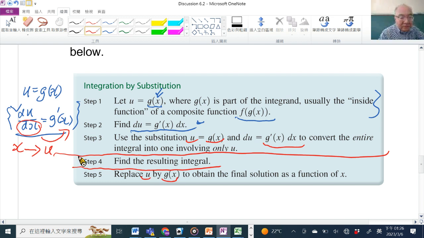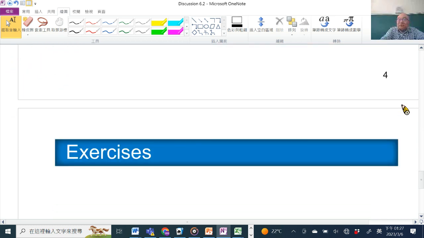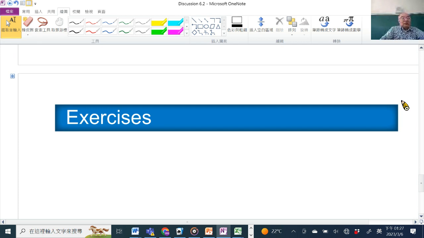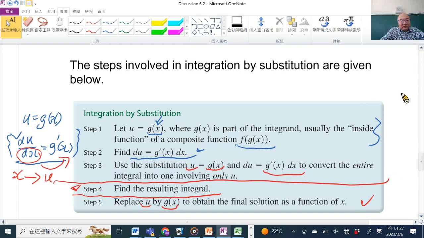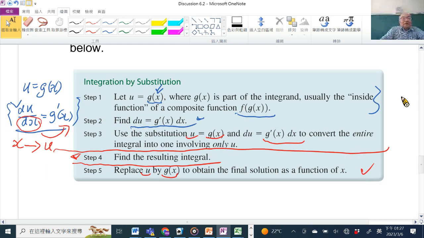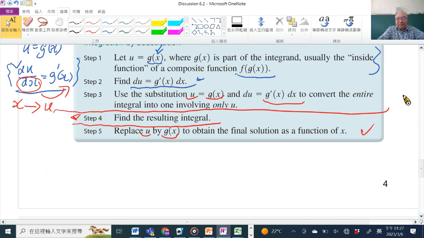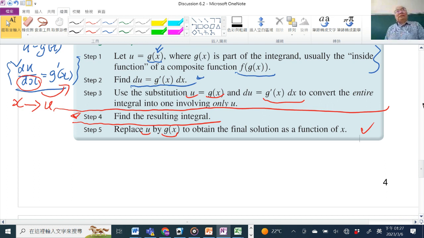Step 4 is the most important part: you have to apply the rules in order to find the result of your indefinite integration. And the last step, you bring the variable x back. We do not have many other rules here. There's only one kind of procedure for you to follow. So we are going to pay a lot of attention to practice.